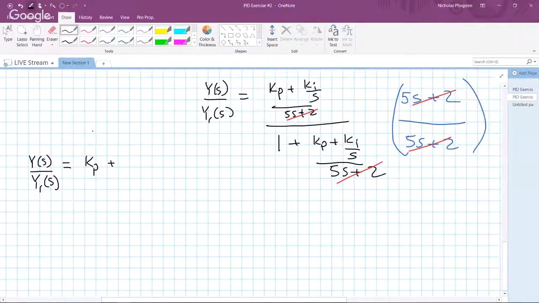Kp plus Ki sub I of s, all over 5s plus 2 plus Kp plus K sub I of s.